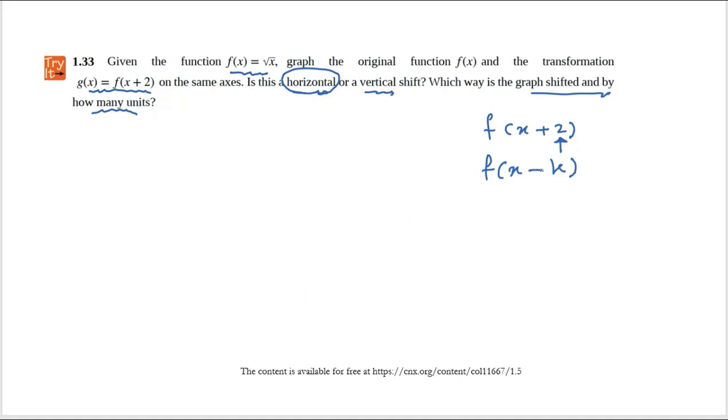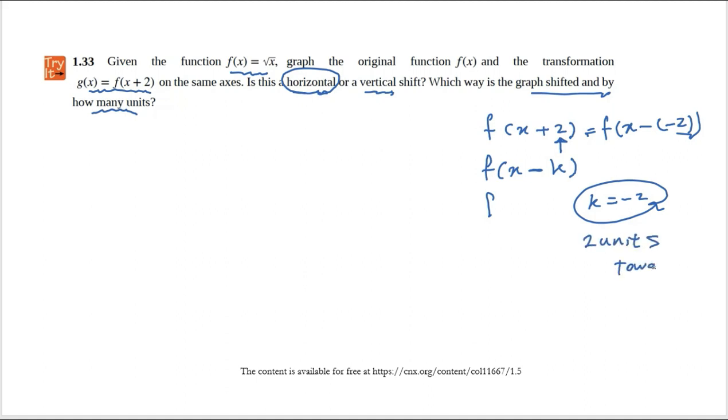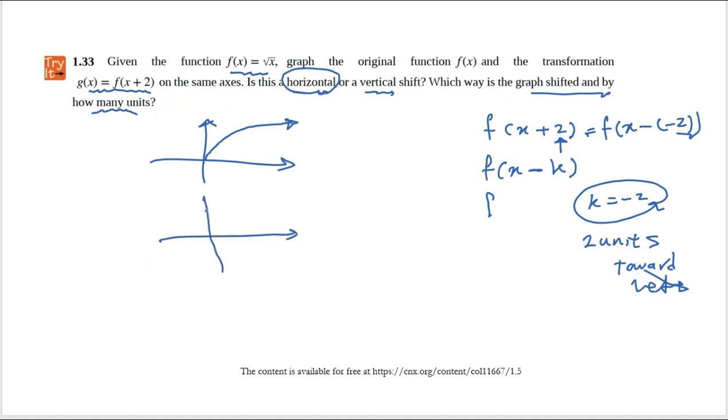We have a plus here, so we need to write this as f of x minus (−2). So k is negative 2. So the graph is shifted 2 units toward the left. So here is square root of x, and this one is square root of x plus 2.